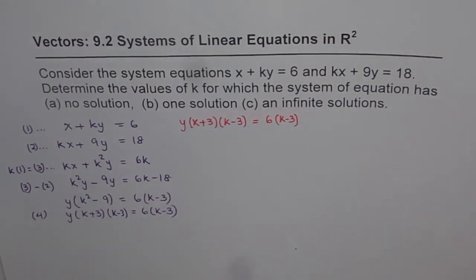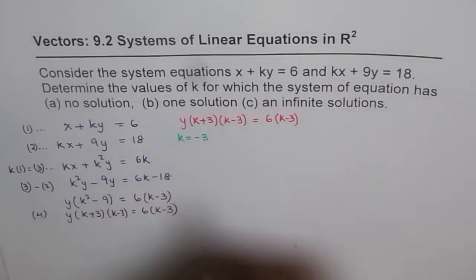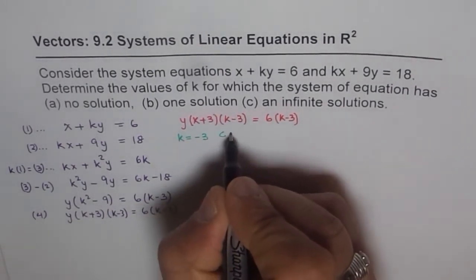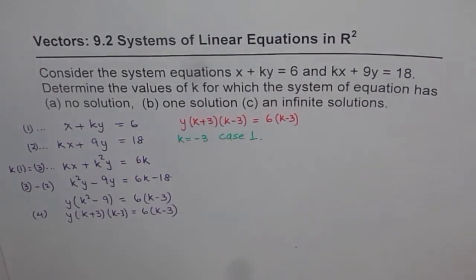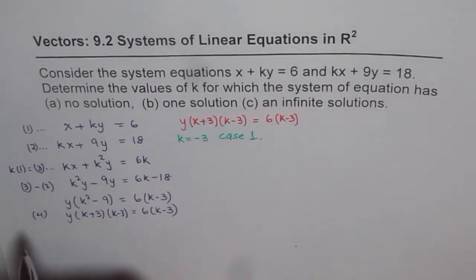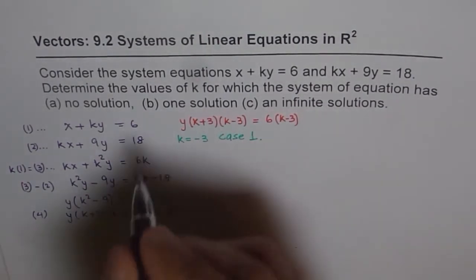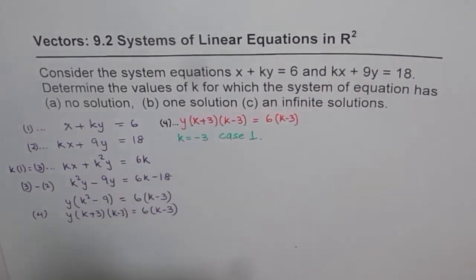So let me do that option first, and I'll put k equals minus 3. So that is case 1. In that case, what do I get? If I put k equals minus 3 in equation number 4, let me rewrite this as equation 4. So k equals minus 3.